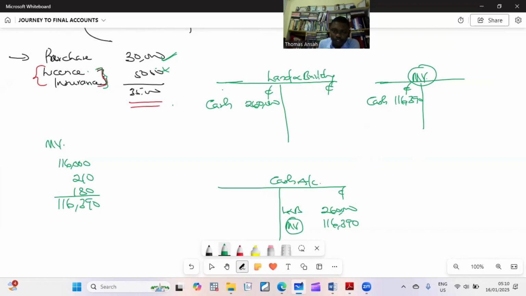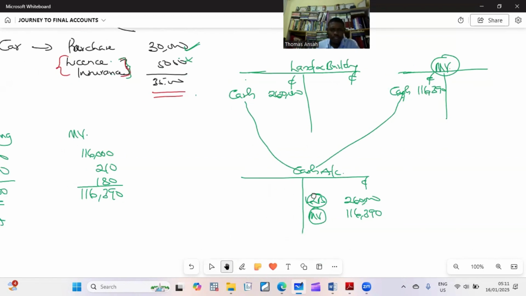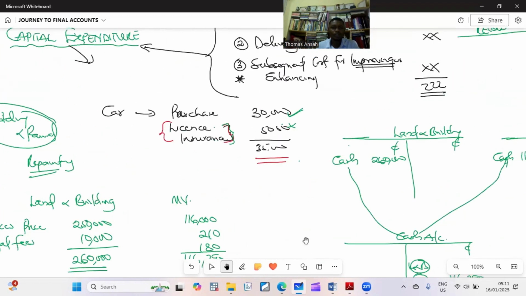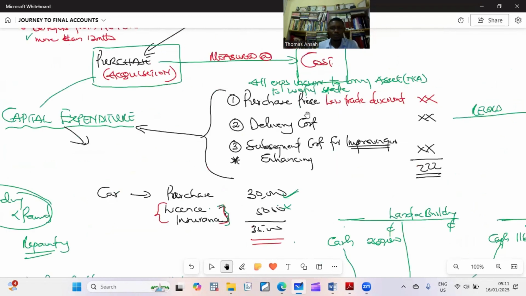This one too is the one you see here. So when I see cash and I go to cash, I'll find the same value. So that is how we work it. Basically, that is how you do the recording. So that is what you do when you purchase an asset. Everything we have outlined here.